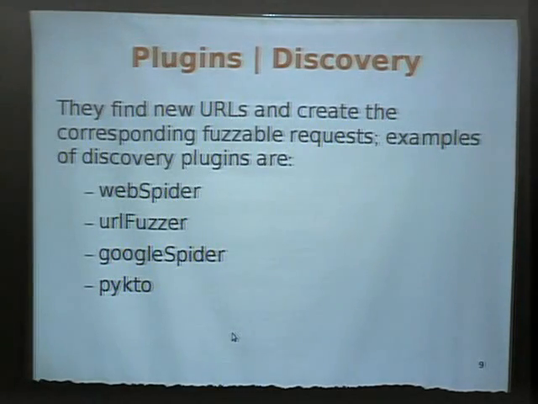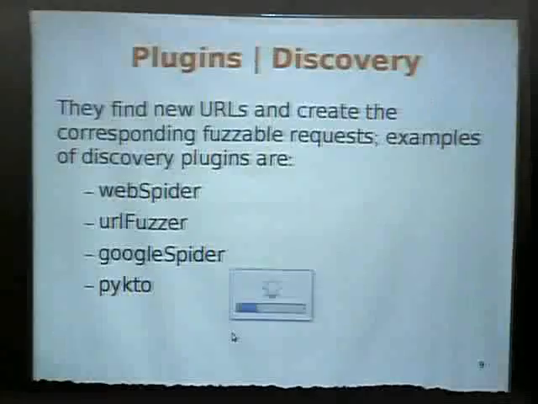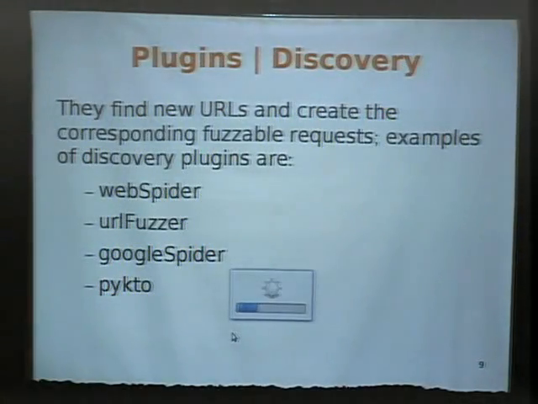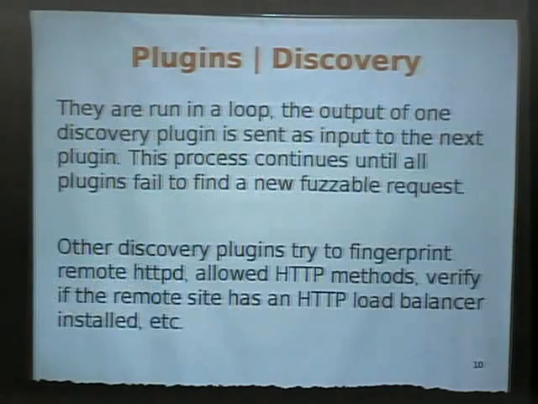So we have a lot of focus on the discovery stage. We know that if we can't map the application, we can't find the vulnerabilities. That's really important. The discovery plugins are run in a loop. So we have one discovery plugin that finds something. That something is going to be sent as the input for the next one. And if the second one finds more URLs, it's going to send that input to the first one.